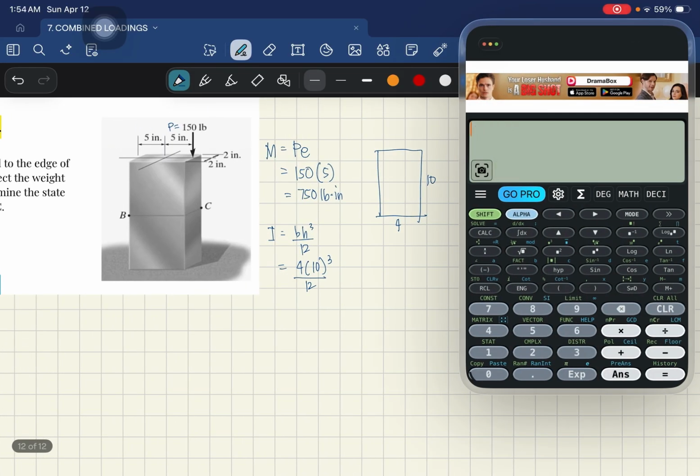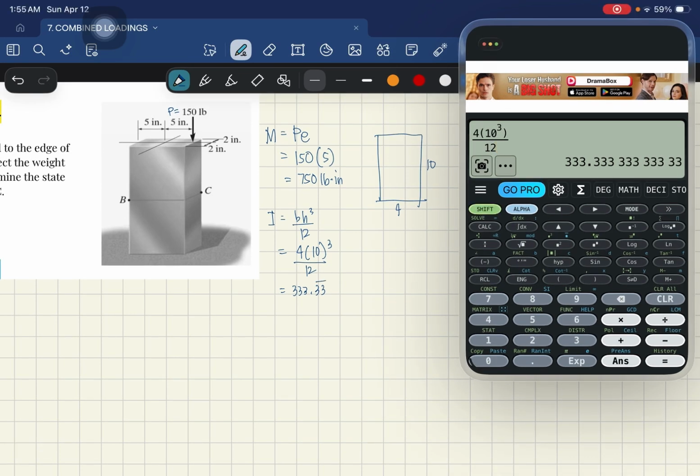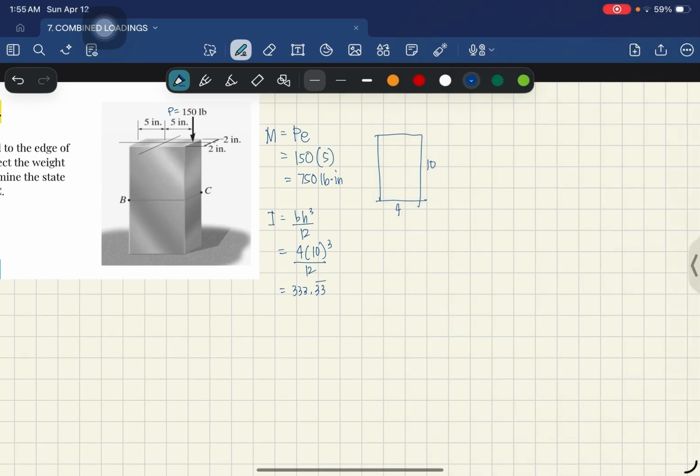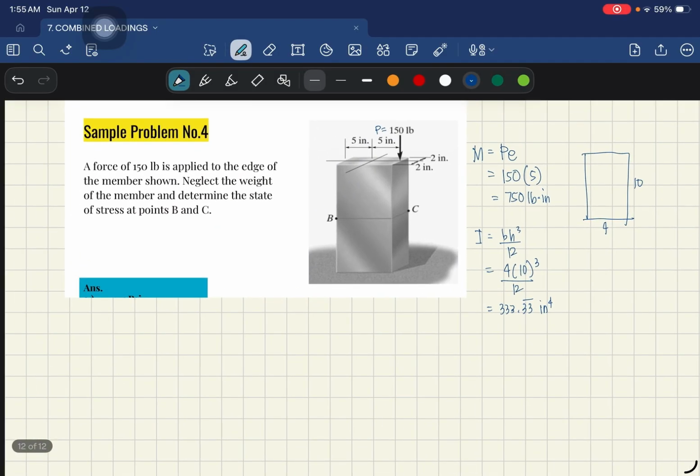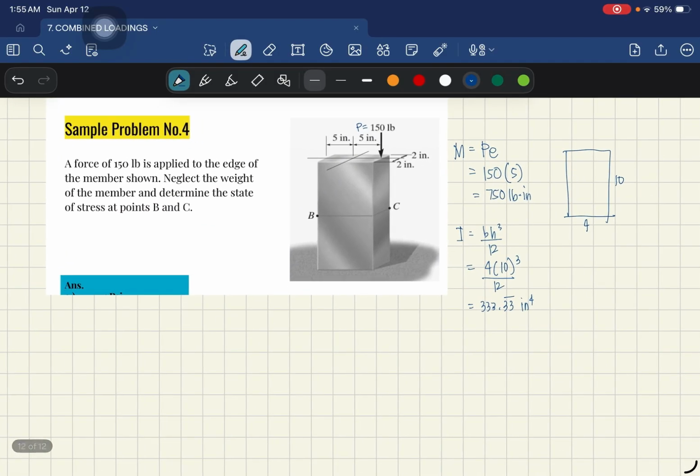So yung moment of inertia nito is 4 times 10 cubed over 12 is 333.33 with the repeating 3 inches raised to 4. Next, so may dalawa ditong stresses na nangyayari, the normal and the bending moment.